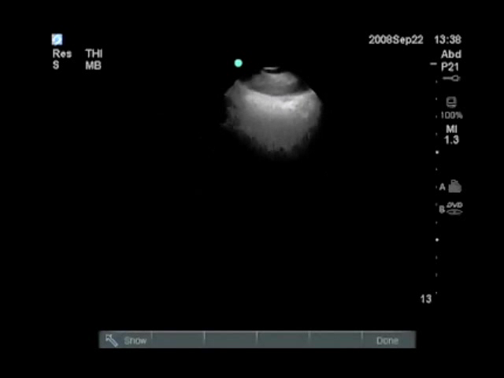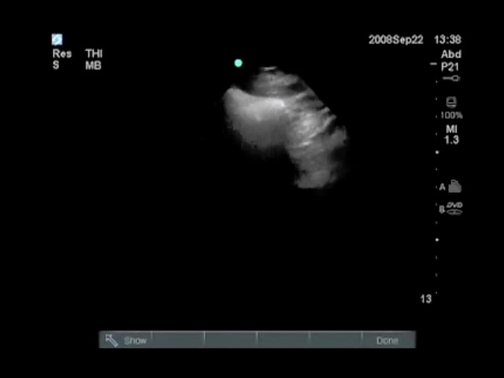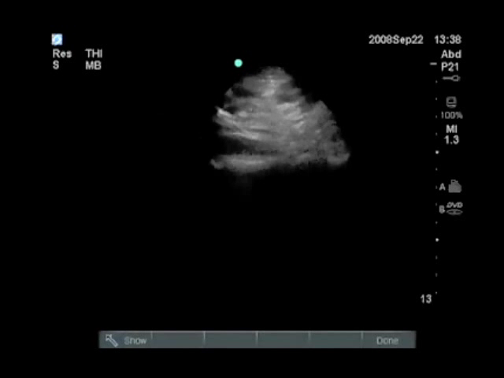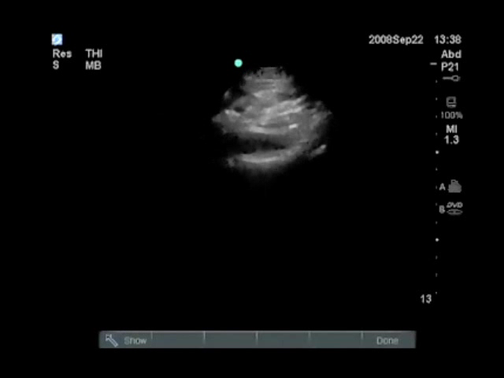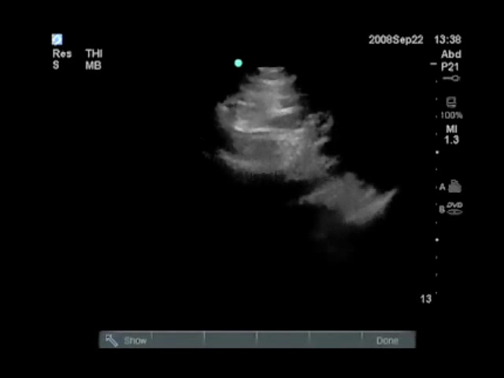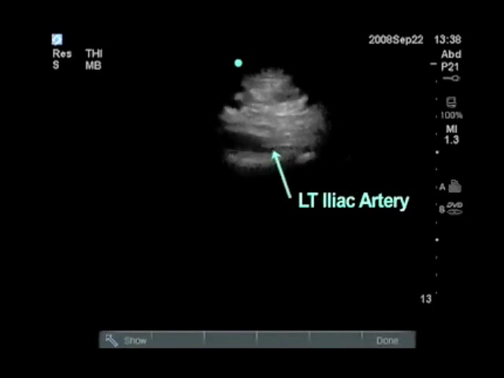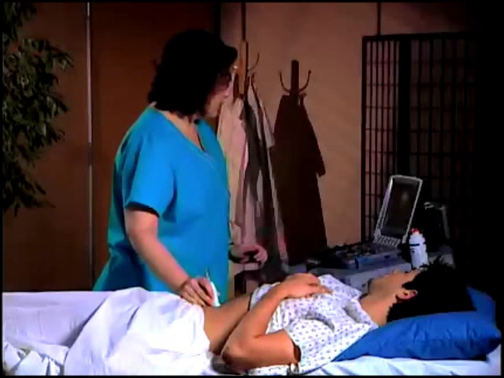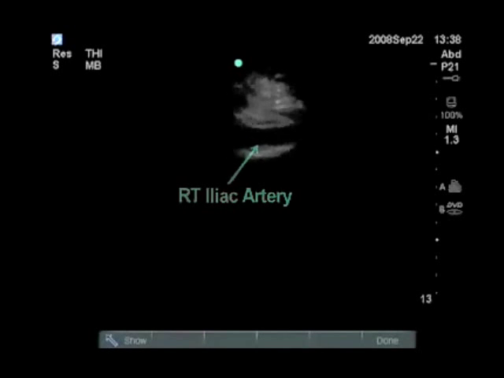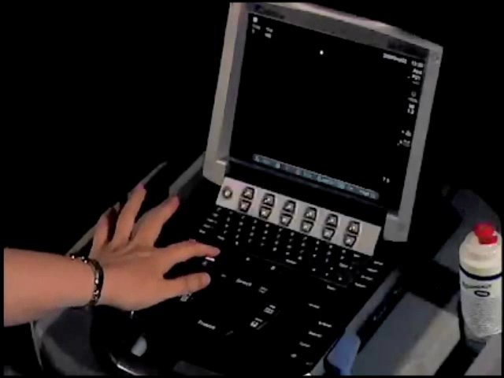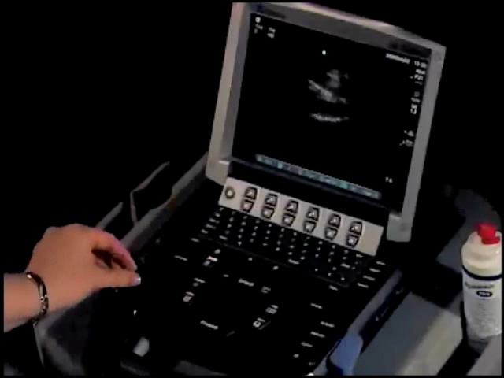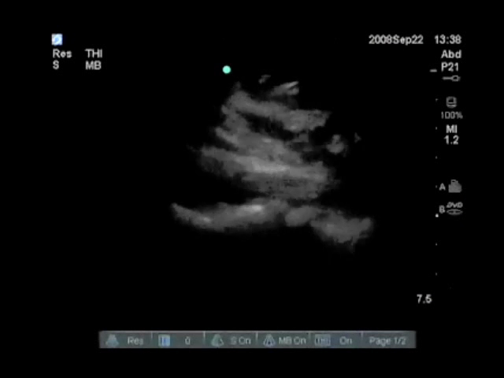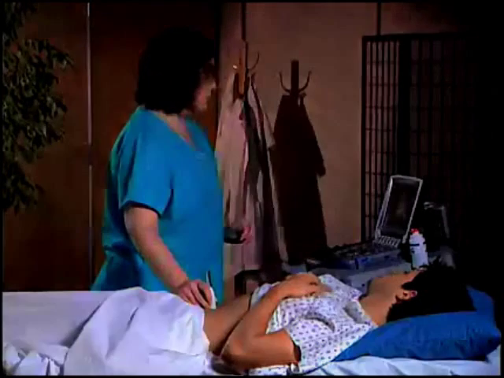And again, I do this all the way down to the level of the umbilicus. And I will see a left iliac artery and a right iliac artery. And again, I can decrease the depth to optimize my image because it is so anterior by the time you get to the level of the umbilicus.